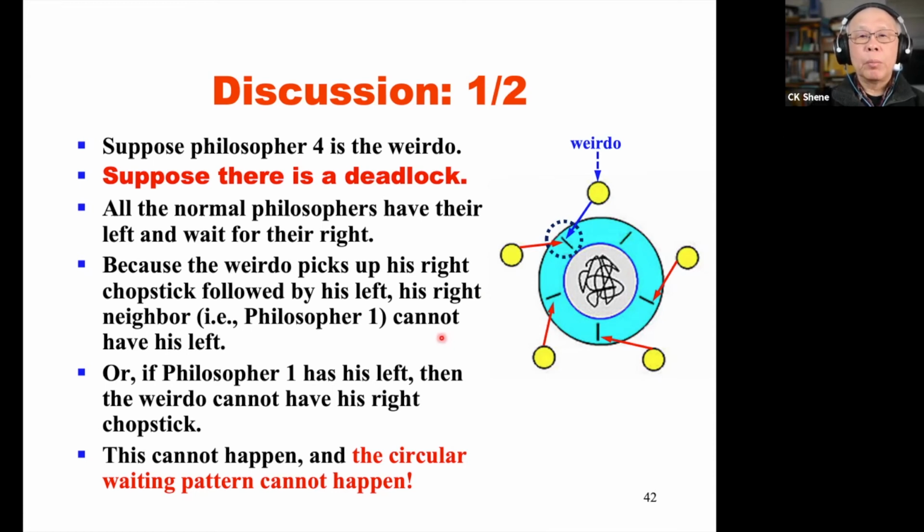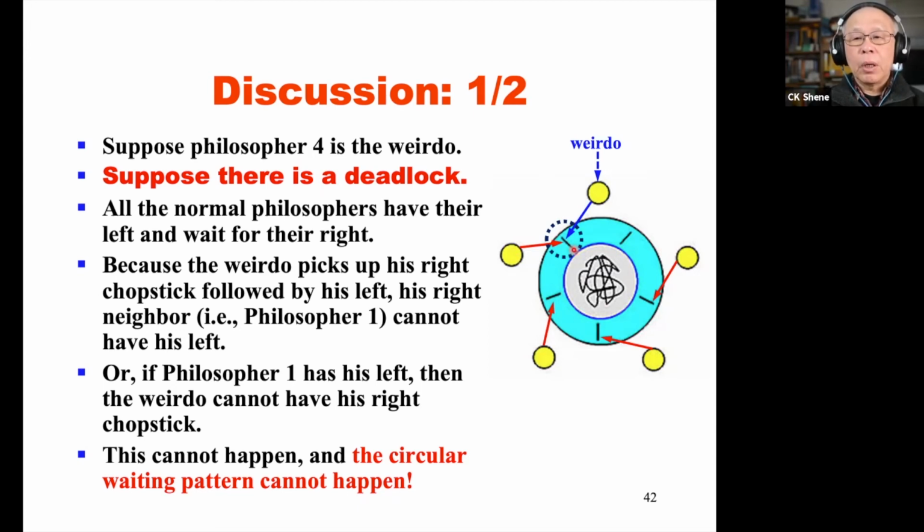Let me go through it again. If we have a deadlock, then every philosopher has something, and at the same time waits for something to become available. So that means the weirdo has his right and this philosopher has his left, which is impossible because these chopsticks must be used in a mutually exclusive way.